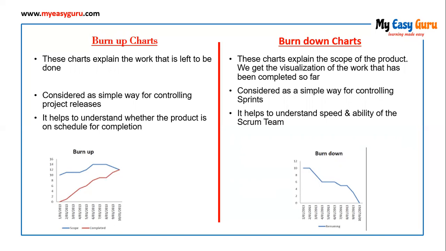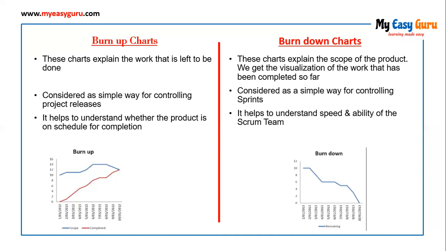Burn up charts are considered a simple way for controlling project releases, while burn down charts are considered a simple way for controlling sprints. Burn up charts help to understand whether the product is on schedule for completion, while burn down charts help to understand the speed and ability of the Scrum team.